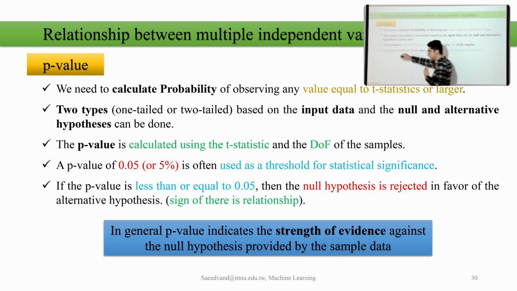So the threshold is already given for us; we need to calculate the p-value using the degrees of freedom and the T statistic, then make decisions based on this threshold. I also stated that if it's larger than or equal to 0.05, the null hypothesis is not rejected. Otherwise, we say it is the alternative hypothesis, and vice versa. Generally, the p-value indicates the strength of the evidence that we have against the null hypothesis.